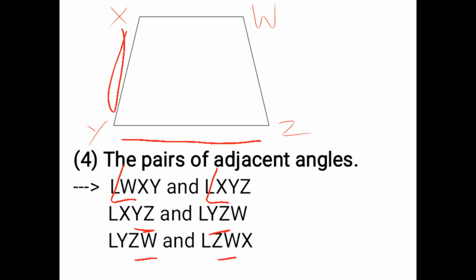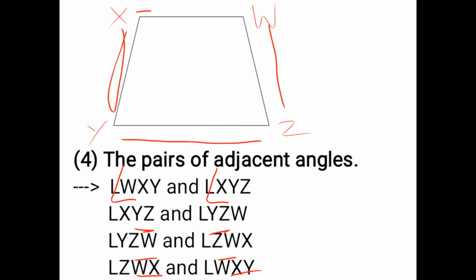ZW is the common side or common arm over here. Then angle ZWX and angle WXY. WX is the common side or common arm.